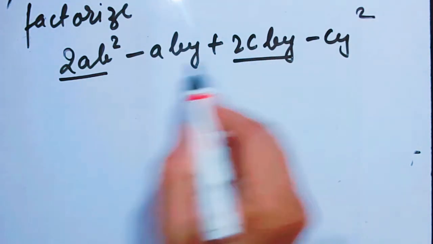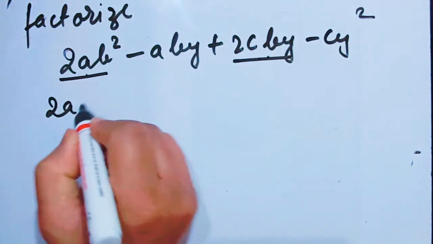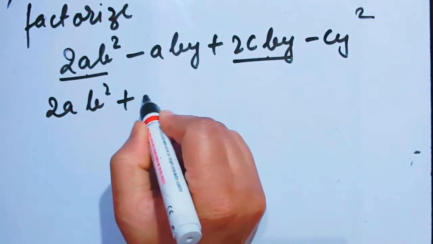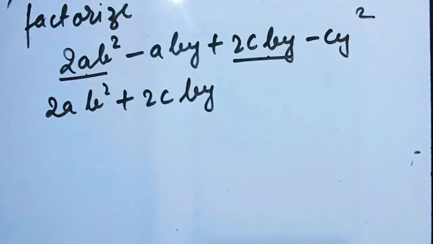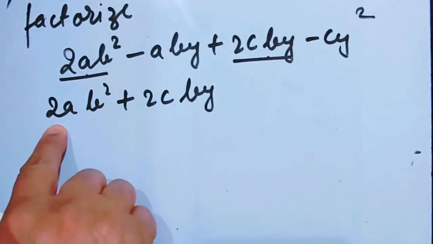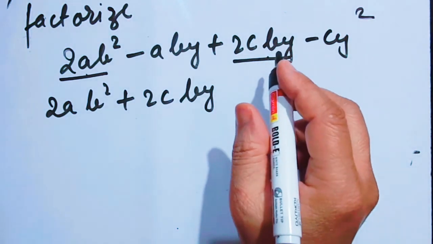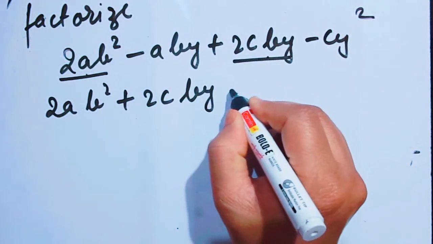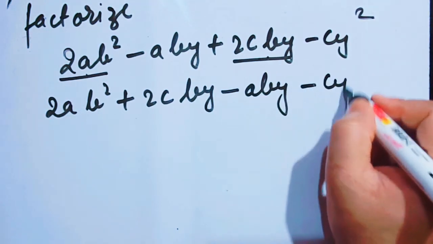From these two terms, that is 2AB square and plus 2CBY, if I take common, I'll get the same common from these two terms, that is minus ABY and minus CY square.